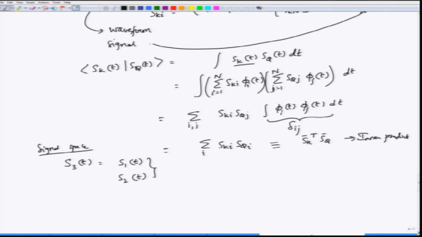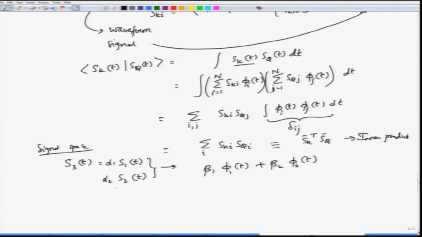Let us call the coefficients beta 1 and beta 2. In place of S1 I will use phi 1 of t, and in place of S2 I will use phi 2 of t, where phi 1 and phi 2 are the orthonormal basis functions obtained from S1 of t and S2 of t.